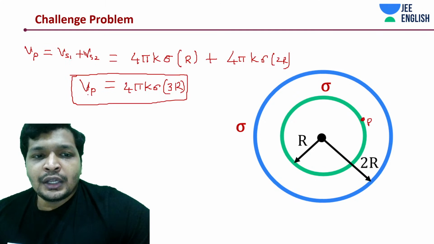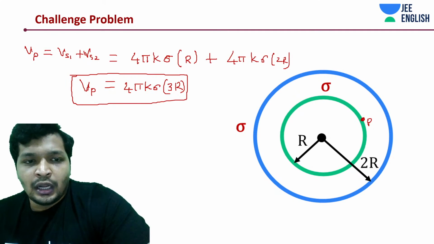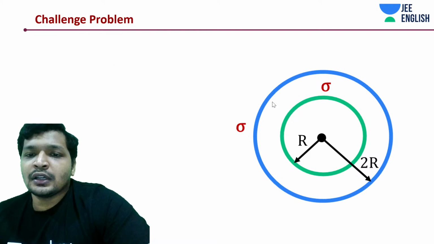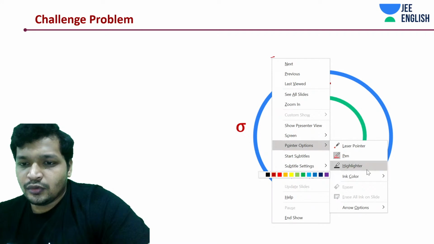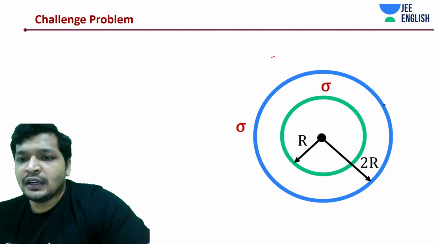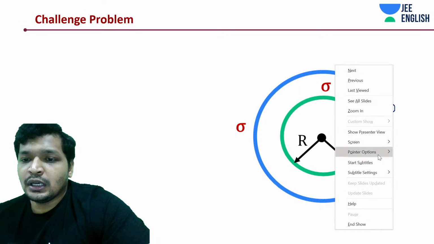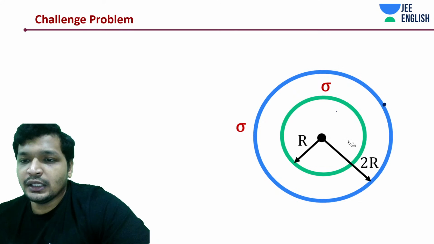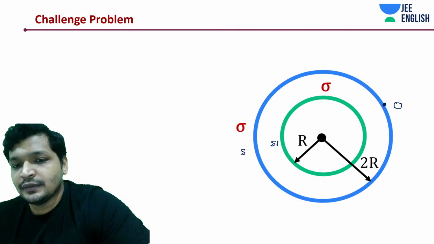Now, using this, what are we supposed to do? We need to find out for another point here. Let's call this O for now. This is O, not P. Do you think the potential on surface 2 is going to be greater, or on surface 1 is going to be greater, guys?